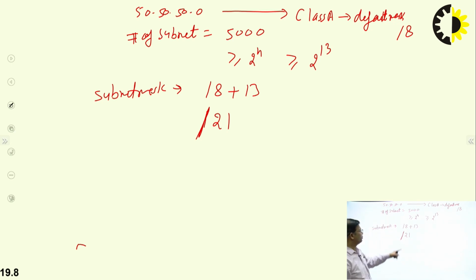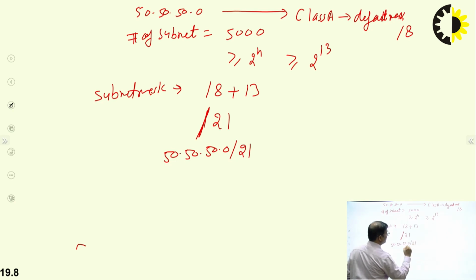So /21. What will be the final IP? 50.50.50.0/21 is the IP. Now, we have 5000 subnets. Each subnet can have how many hosts? The mask is 21.